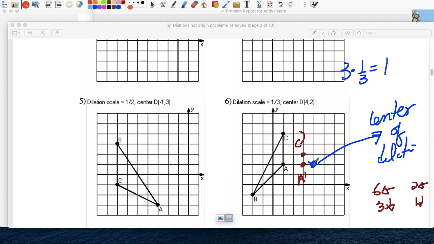From the center, the blue point right there, which is (4, 2), we're going to go 1, 2, and then 1 down. And here is point B prime. So let's connect the dots. And that's our new shape. It's that easy. Really, it's that easy.